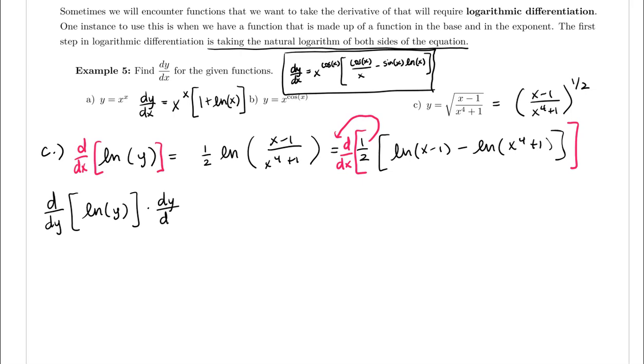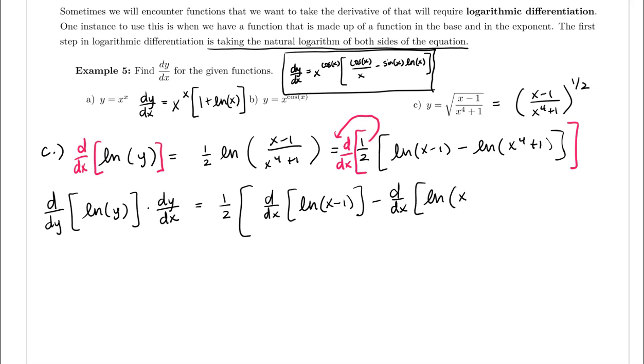And I need to use chain rule, so I will multiply by dy dx equals 1/2. I'm going to take the derivative with respect to x of the natural log of x minus 1 minus the derivative with respect to x of the natural log of x to the 4th plus 1.